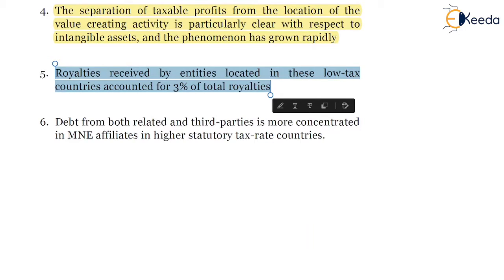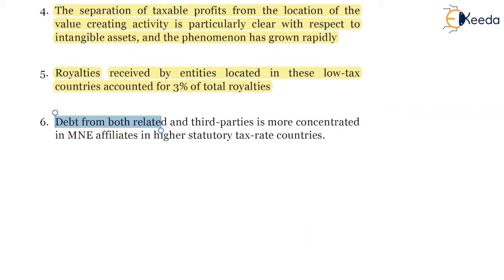However, in reality, if we see, they account only for 3% of the total royalties. So funds are only parked in the low tax country to attain nil tax rate or reduced tax rate. Again, this could be one of the indicators of BEPS.